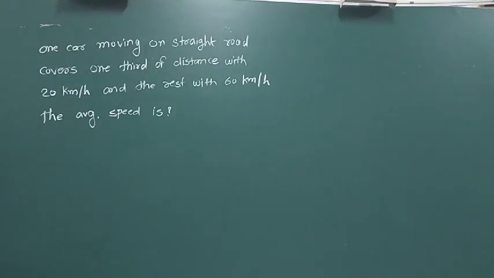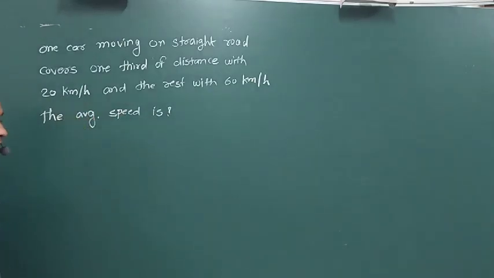Now see, one car moving on a straight road covers 1/3 of the distance with 20 km per hour and the rest with 60 km per hour.